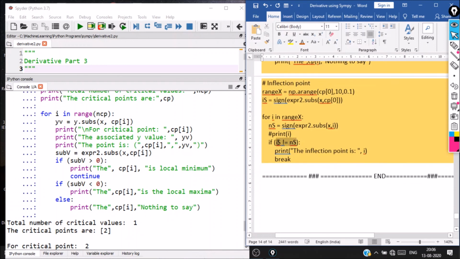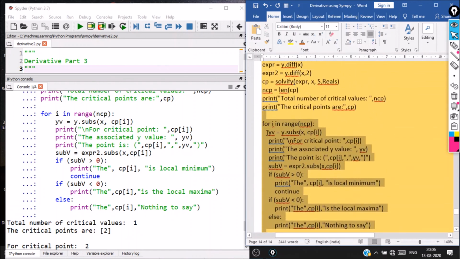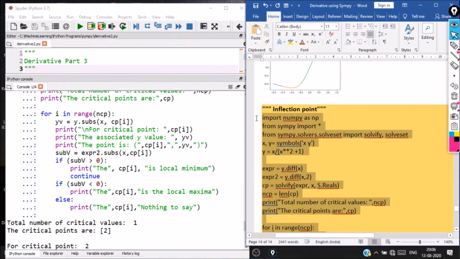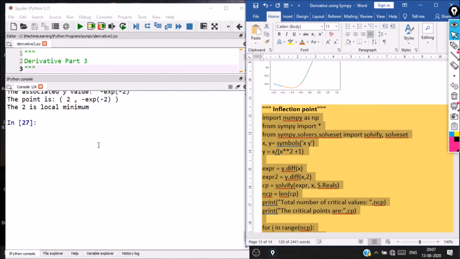For each and every interval, we identify the associated sign. If it is not matched, that means the inflection point is there. So we can check it, execute it, and identify which one is the inflection point.